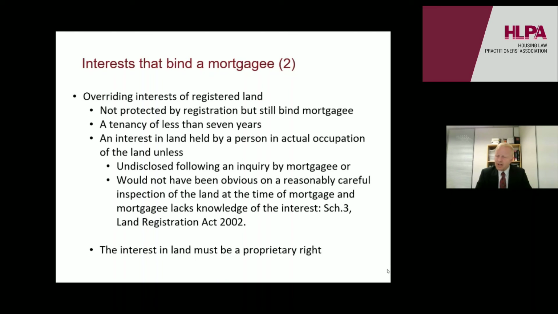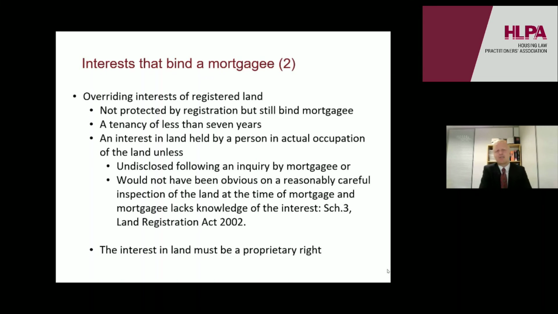Now, where you have a trust interest, so you have a beneficial interest under a trust, it's almost certain that it won't be protected on the land register, because a trust interest cannot be protected by a notice. It's one of the key features of the Land Registration Act. But what you're probably familiar with are overriding interests in respect of registered land, which still bind the mortgagee even if they aren't noted on the register.